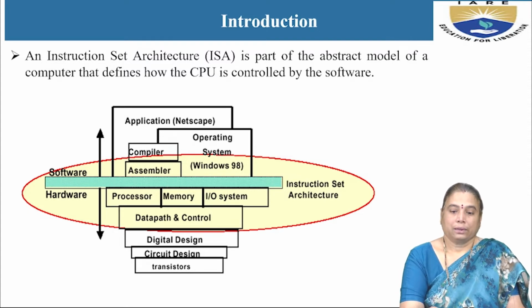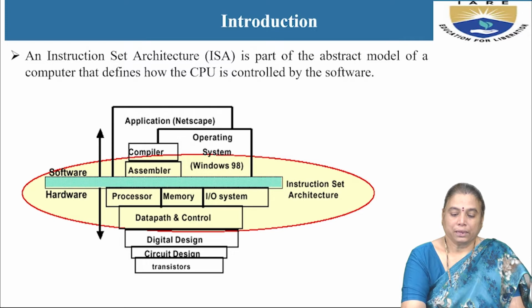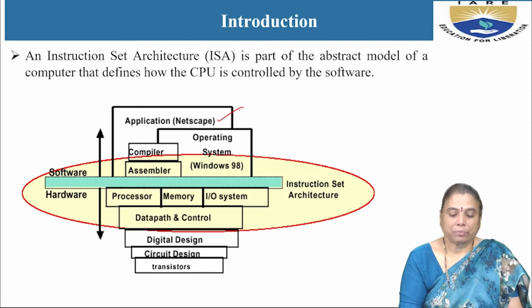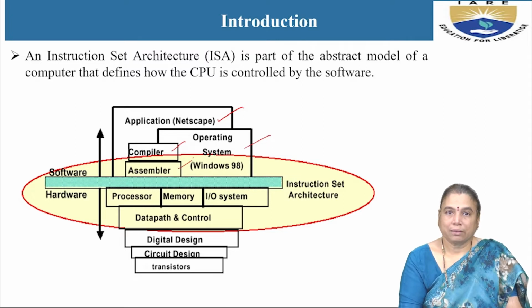If the user gives an application and a task, for example using the sample application Netscape Navigator and the operating system, the task can be converted into machine form, in the case of high-level languages by using compilers, and in the case of assembly language by using the assembler.